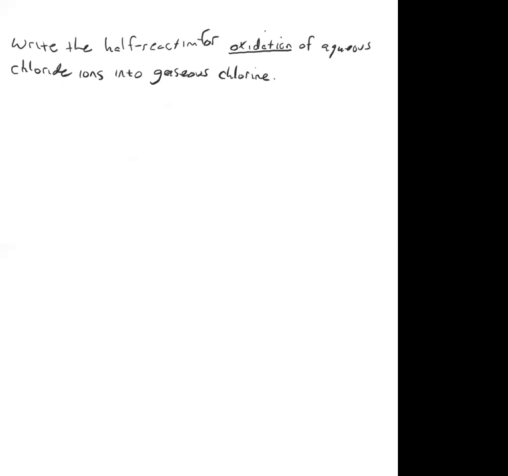Chlorine, chloride. So let's look and see where that element is. It's column 7A. And if you remember, in column 7A, the ions are -1. That's their charges. So chlorine as an ion will be Cl negative, right?